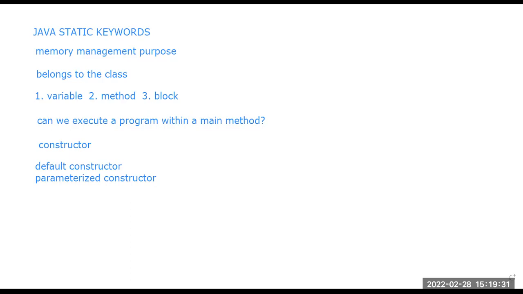Now for the parameterized constructor, to create an object, we are mentioning or calling a particular constructor, right? So we have two terms, default and parameterized. It clearly implies that we don't need to write a constructor. If we are writing a constructor, that is fine. But what happens if we don't?